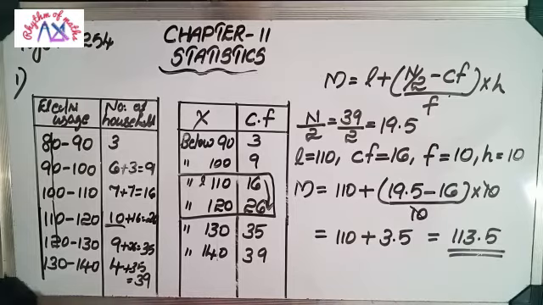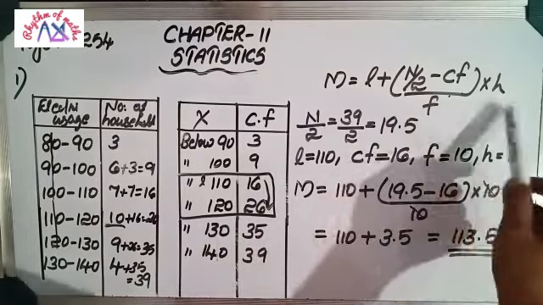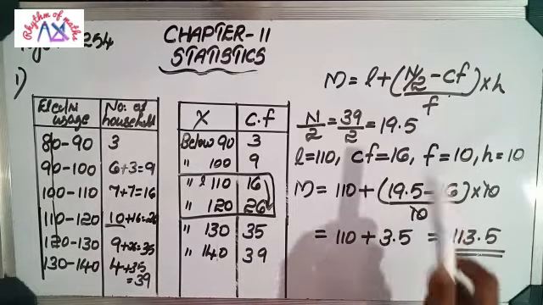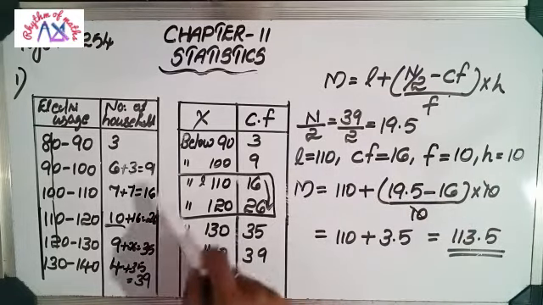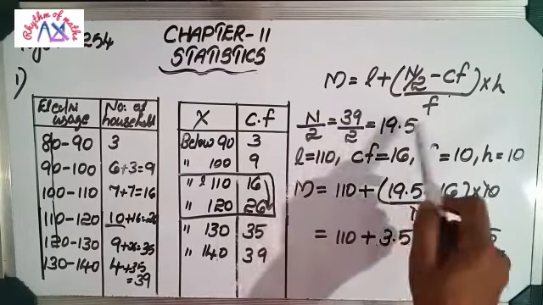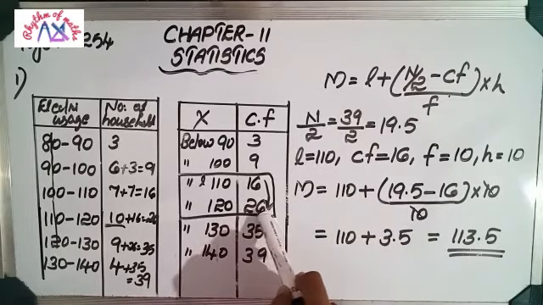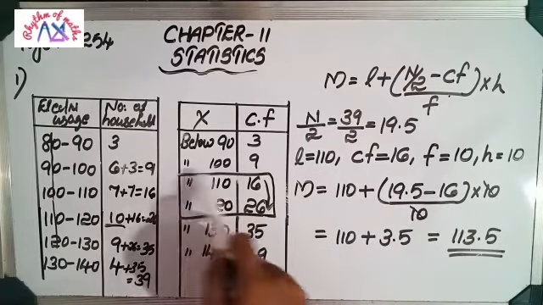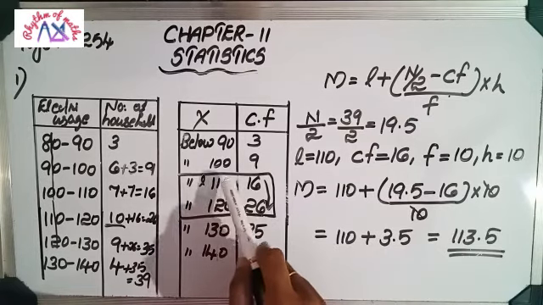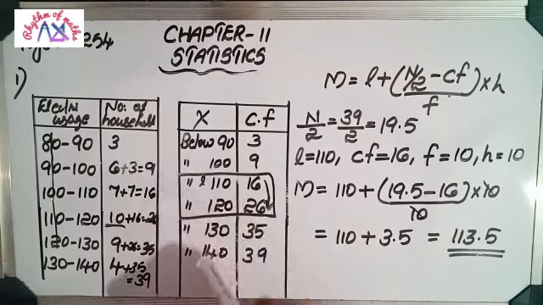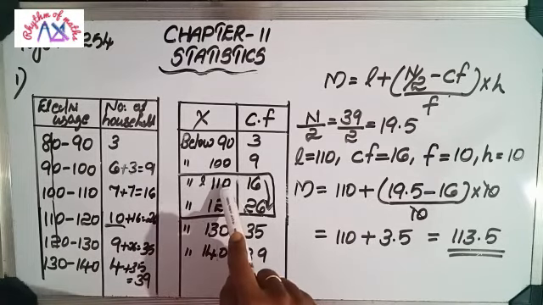Now let's do the second one. By using the equation it is very easy. Okay, no need to be confused with this equation. First write the median class like this in a box. Okay, first find n by 2. Then n by 2 comes in between these two values. That's why we are arranging that number in a box. Then the lower limit, L means lower limit, these are the limits. 110 or 120, 110 is the lower one.